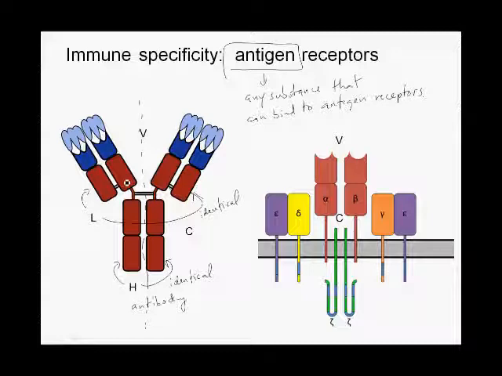Now if we look at these colors, you see that these parts of both the light chains and the heavy chains have a different color. They're colored blue. And these are what we call the variable domains. And that's because the parts of the molecule colored brown or maroon, depending on your monitor, these are constant domains.